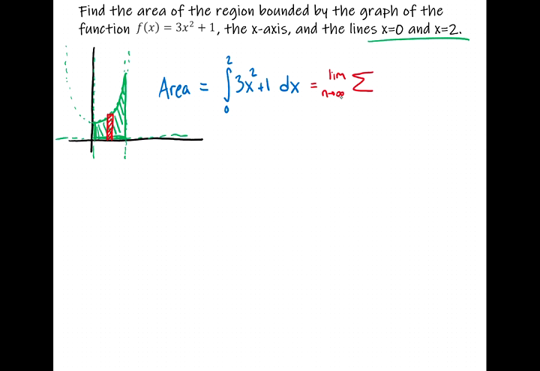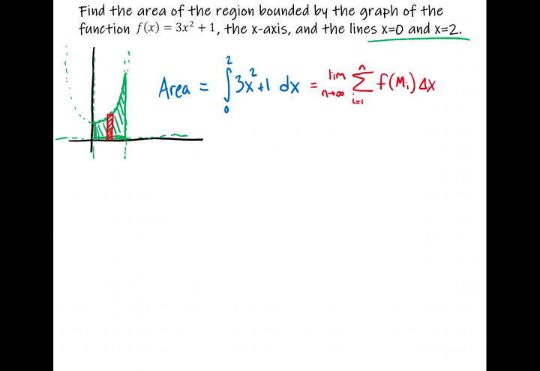So either way, as i goes from 1 to n, we're taking the sum of the area of all those rectangles, and the area of a rectangle is base times height. We actually write it as height times base, and it's f of m_i, where we used right endpoints in my previous video, times the base, which is delta x.